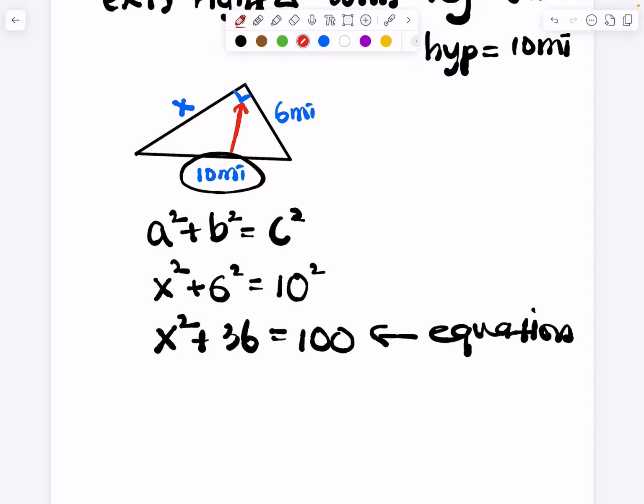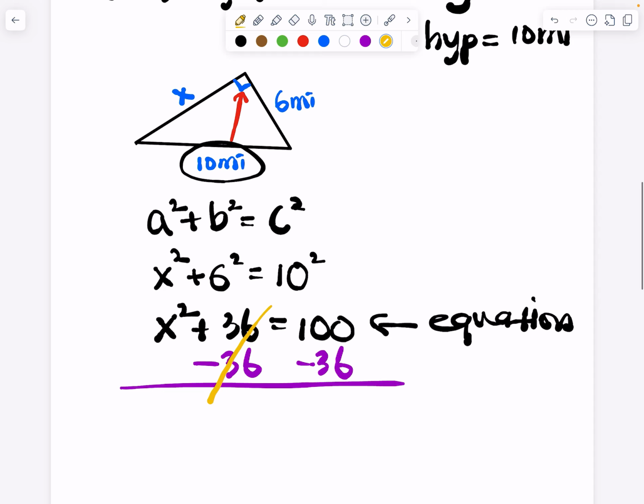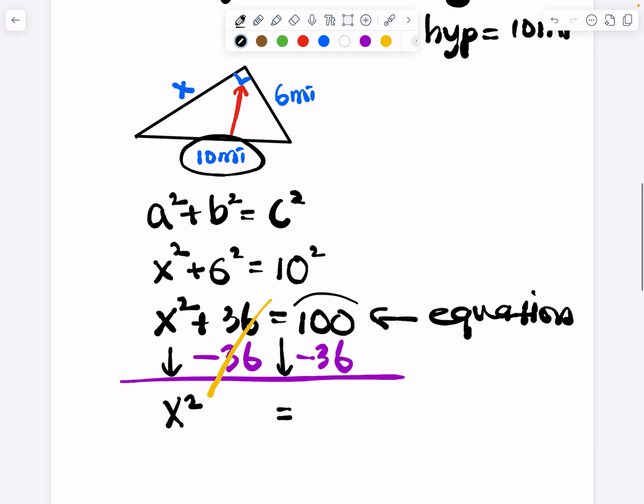Now, x is with the other term right here, plus 36. Therefore, we have to undo that. How do you undo plus? You subtract it, and you do it to each side of the equation. That way these two terms cancel each other out. That's the inverse operation. So x squared remains the same, the equal sign remains the same, and you just do 100 minus 36, which is 64.